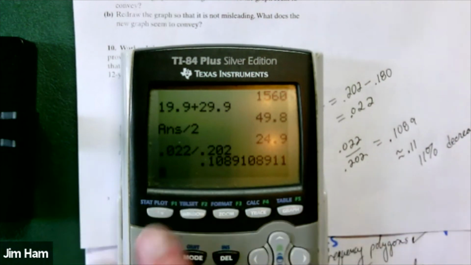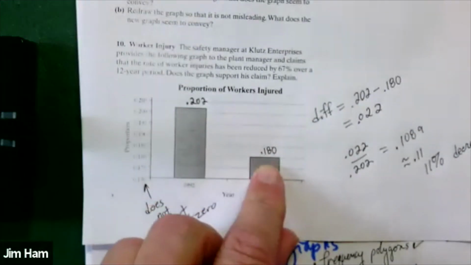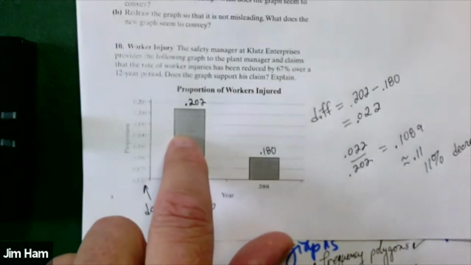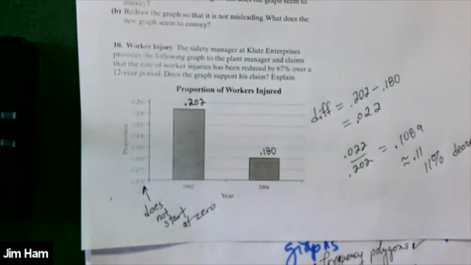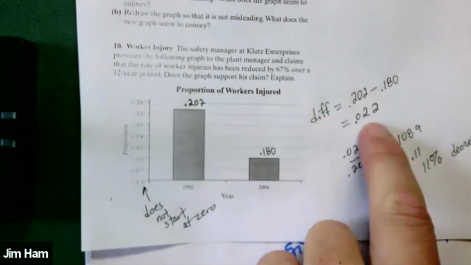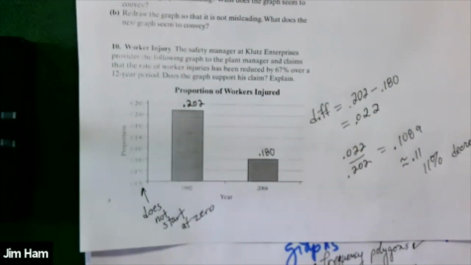So this is what can happen when the graph is misleading. It looks like there's a 2/3 drop because this bar is 1/3 the size of this one, so 2/3 have dropped. But it was because the graph was misleading. And when we actually calculate the percentage drop, the amount of the drop divided by the original amount turns out to be only an 11% drop, not a 67% drop. So this worker's not impressing the boss at all.